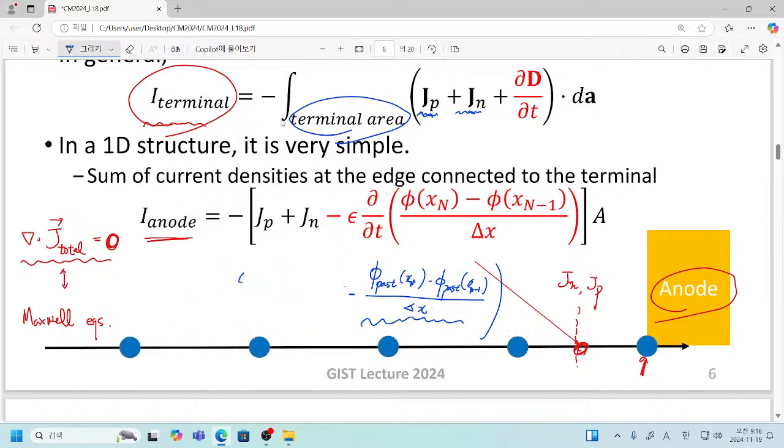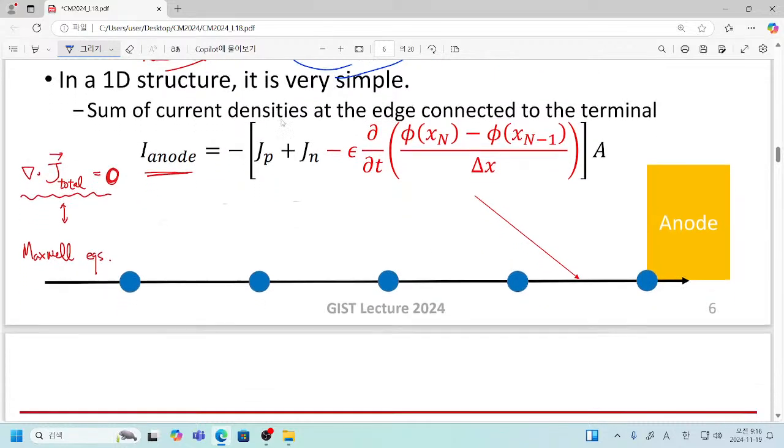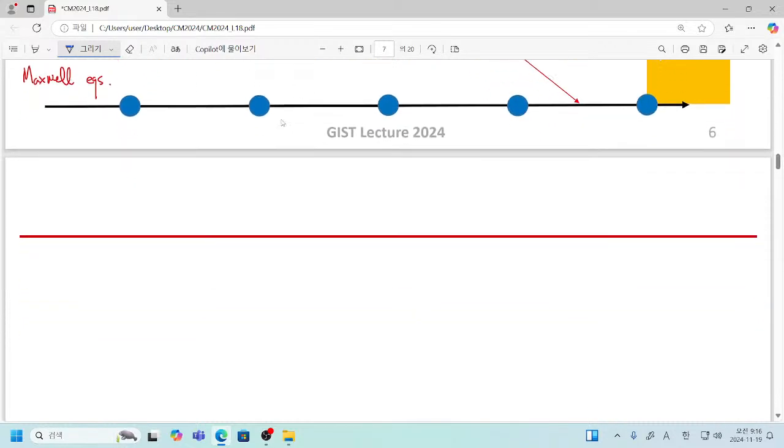However, if you increase the speed or the frequency of your signal, then you can easily see that this term becomes a dominant contribution to your terminal current. Okay, so you can later see that impact.